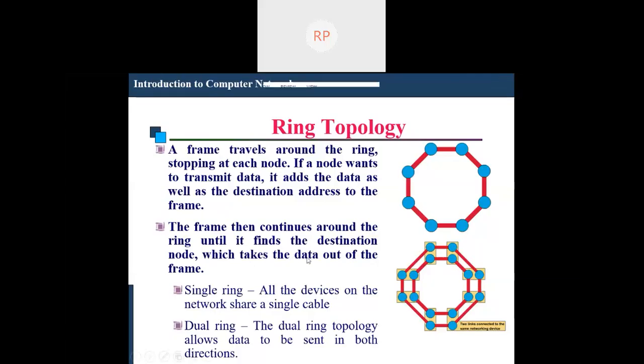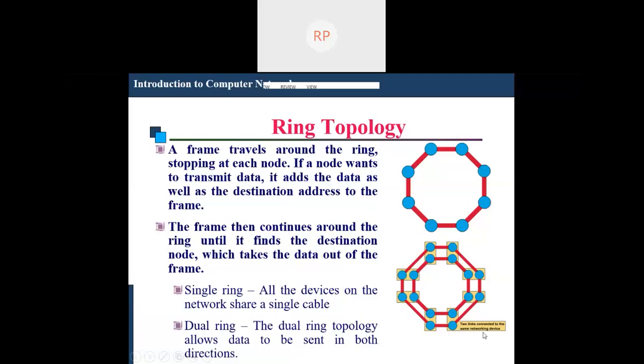The frame then continues around the ring until it finds the destination node, which takes the data out of the frame. Suppose you want to send data from one node to another: it first receives the frame, inserts the data, and while forwarding it checks whether it's for that node, then forwards it, checking the matching of the addresses. If the address is matched, then that node receives that packet. Like that, the communication happens.